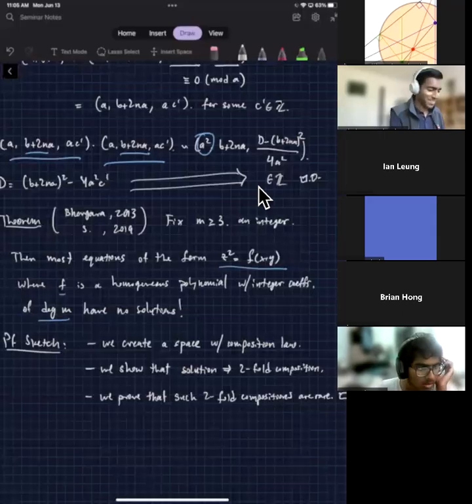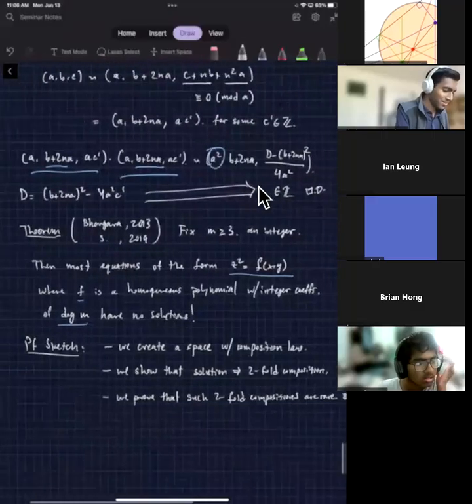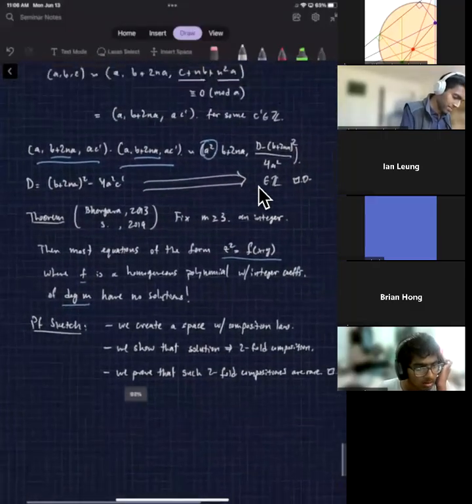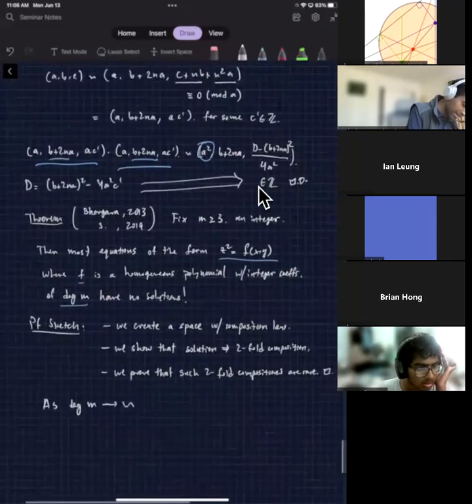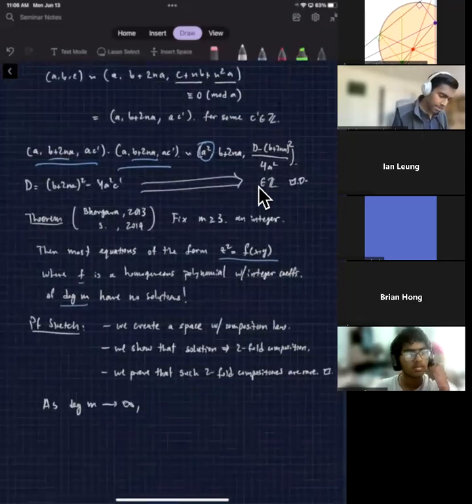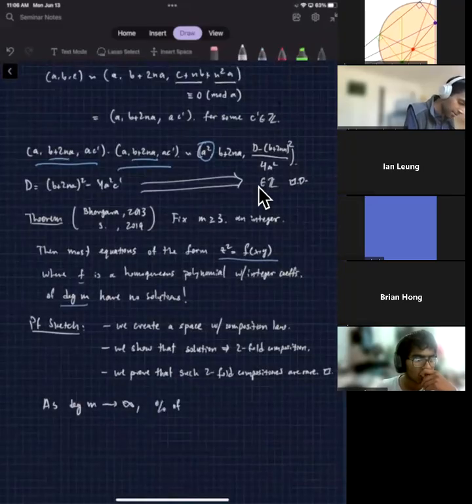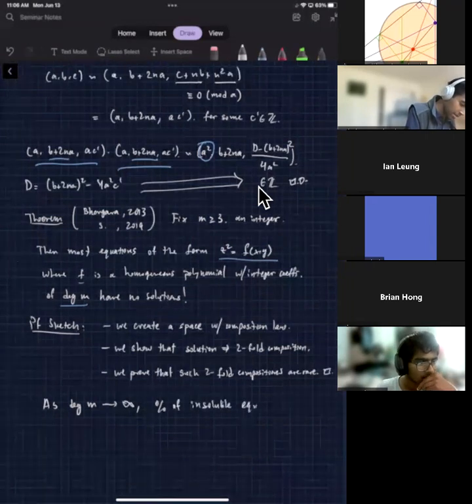Yeah. Oh yeah. So as the degree m tends to infinity, I would say the percentage of insoluble equations tends to 100%.